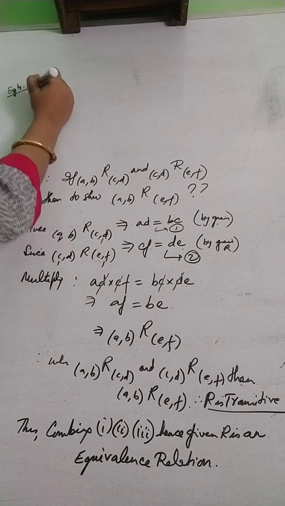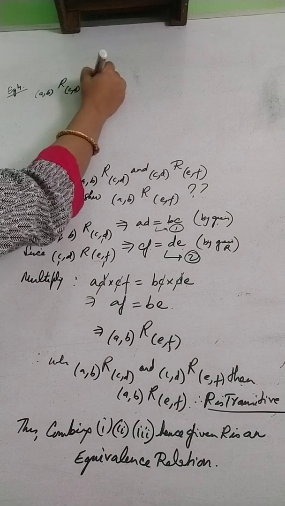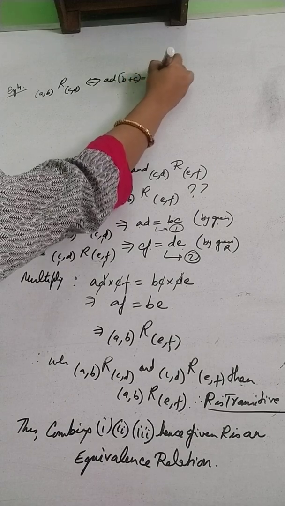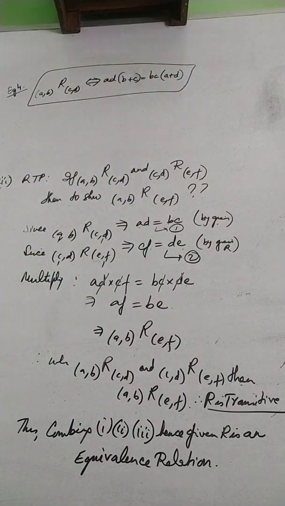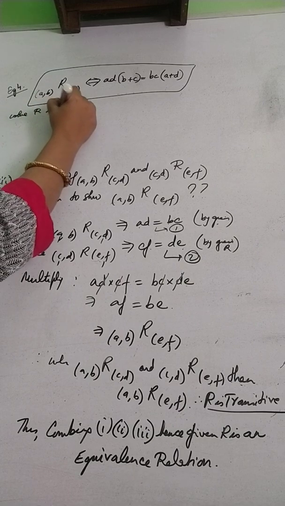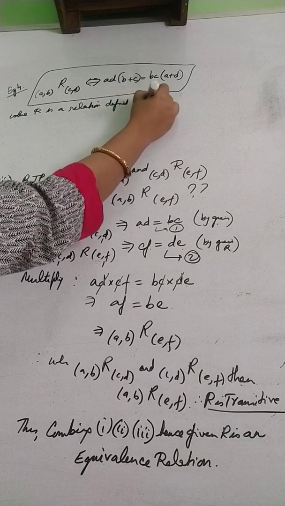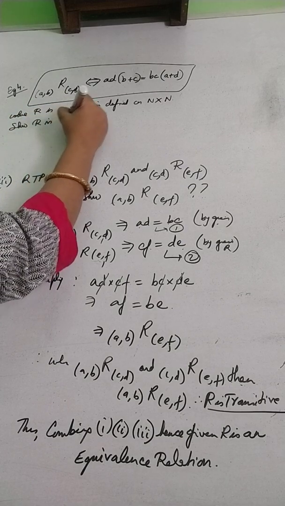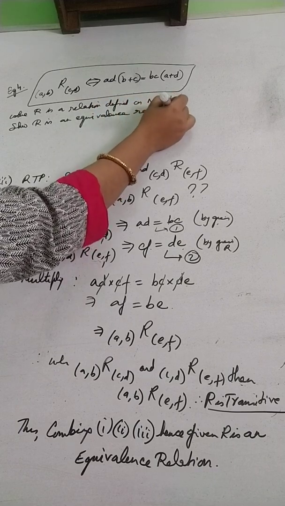The relation is given by AB related to CD if and only if AD into B plus C is equal to BC into A plus D. This is the relation that is given, where R is a relation defined on N cross N, and you have to show that R is an equivalence relation.